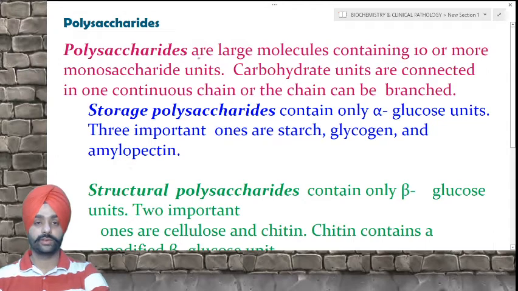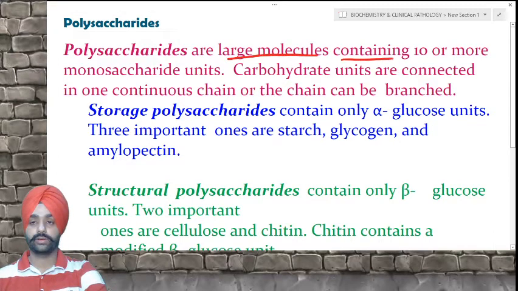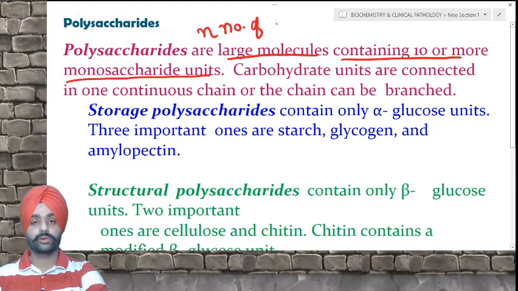What are polysaccharides? These are large molecules containing 10 or more monosaccharide units. Simply we can say they contain n number of monosaccharides.